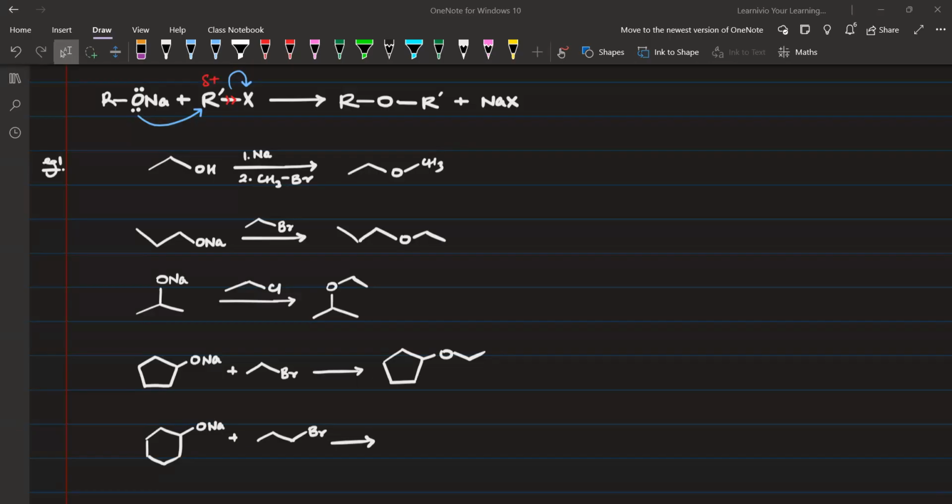Very good, Mariam. Count the number of carbon atoms here in the product that we have made.